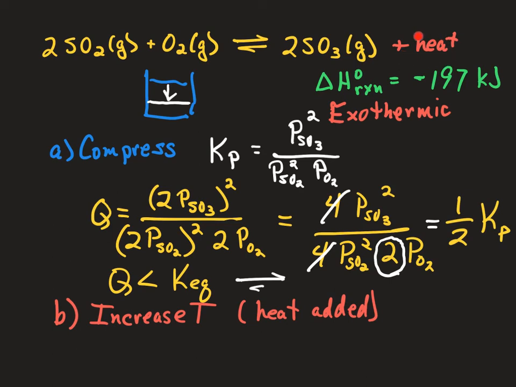So if we have extra heat, the only way the reaction can reduce that extra heat affecting the equilibrium is to absorb that heat by having the reaction go backwards. So to remove the excess heat, the reaction has to absorb heat by shifting backwards. And so the effect on the equilibrium is to shift the equilibrium back toward reactants and away from products.